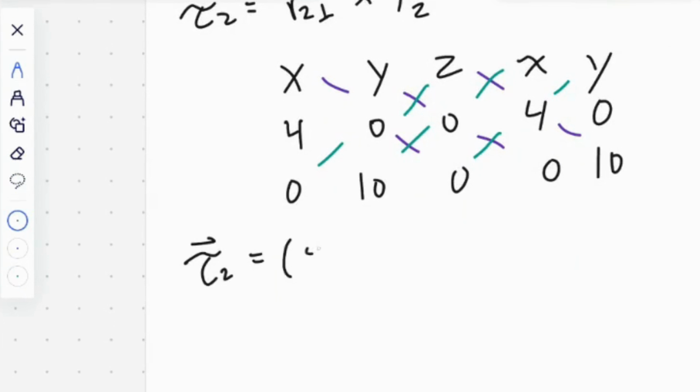So for that one, we're just going to get 4 times 10 in the k-hat direction, so it's going to be 40 Newton meters.